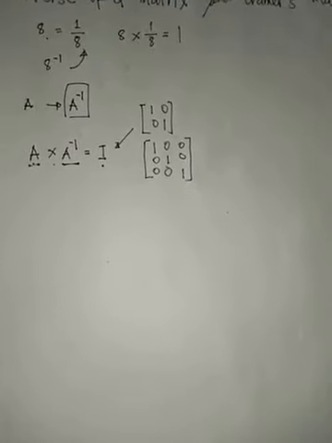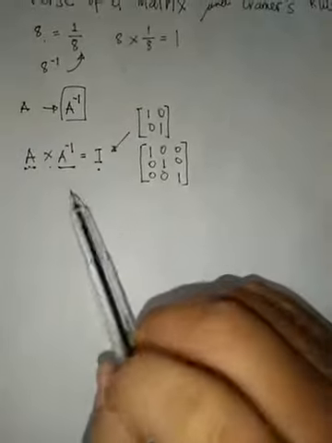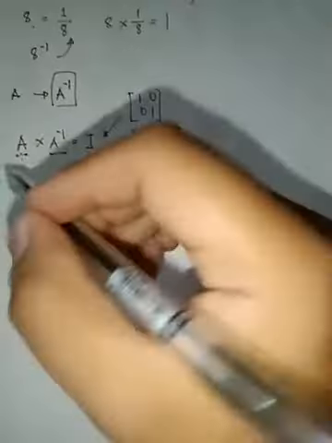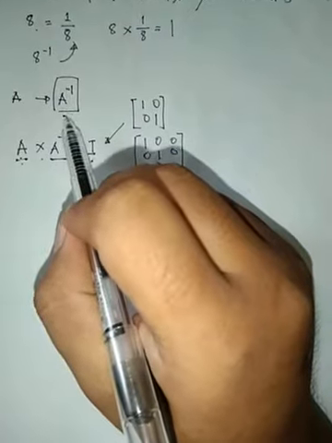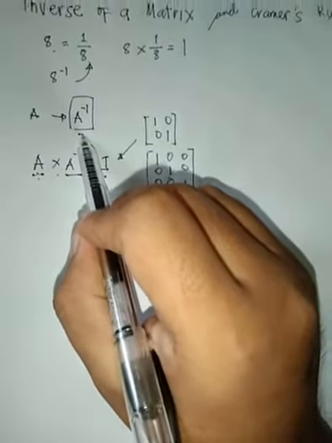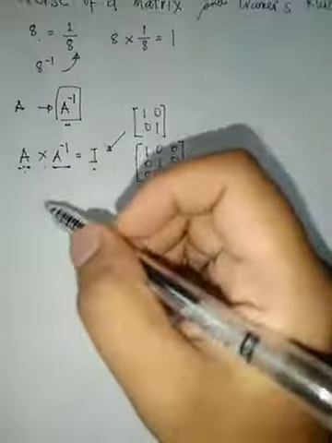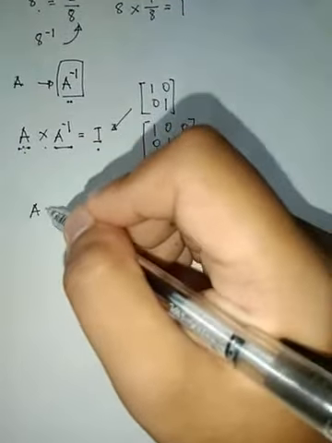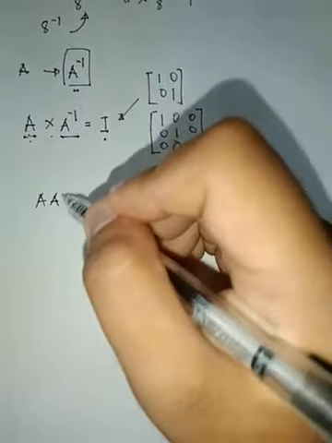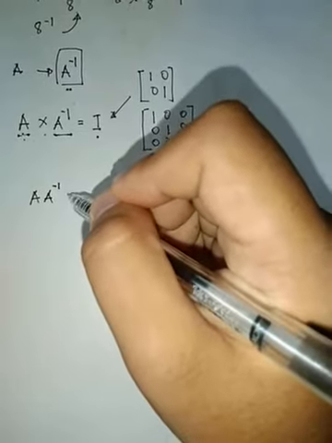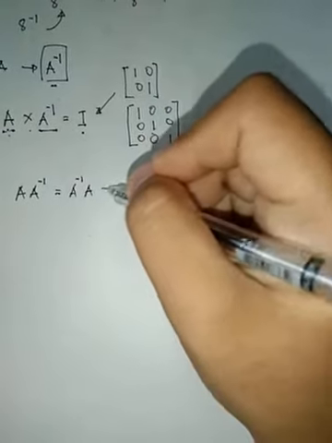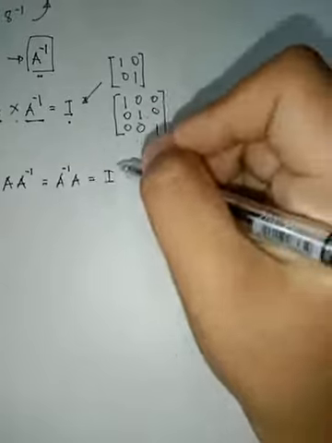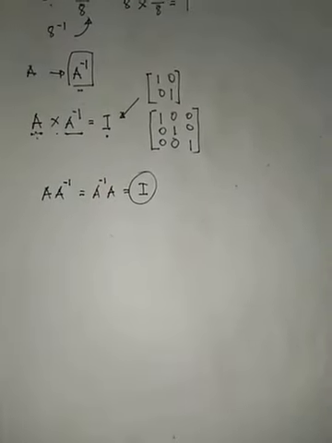So yan yung kanyang definition actually. This is the inverse of A only if we multiply the matrix A by the inverse of A, or pwedeng baliktarin, the inverse of A times A, the result is our identity matrix.